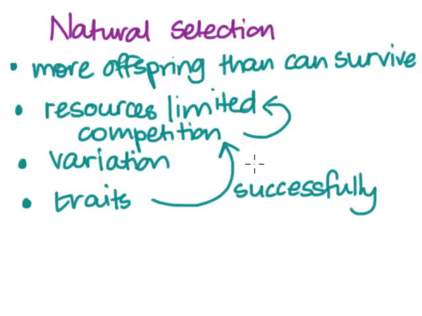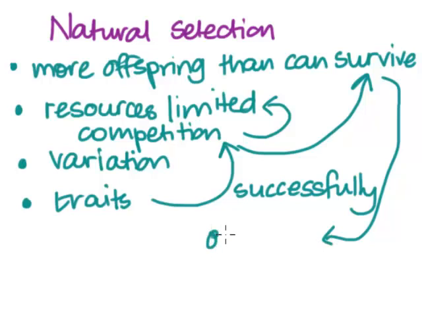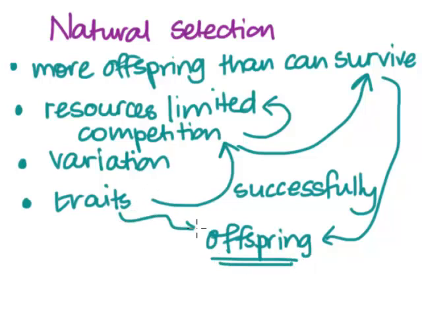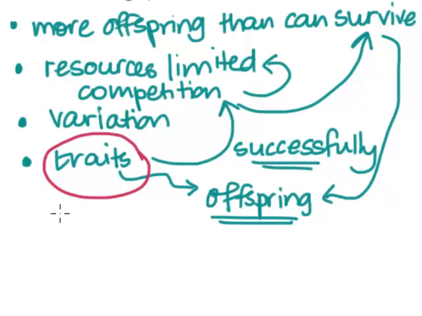These organisms will be the ones that survive, and of course, if they're going to survive, they're going to have offspring of their own, and these offspring will carry these traits or characteristics that make their survival successful. Now, we know today that these traits or successful characteristics are, in fact, genes. Darwin did not know that at the time.